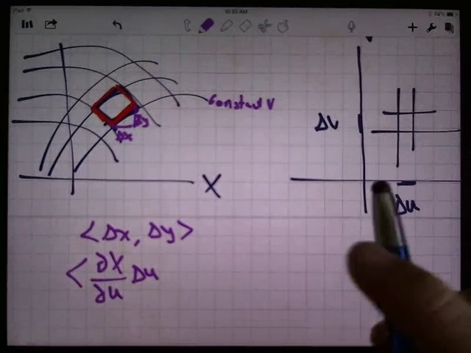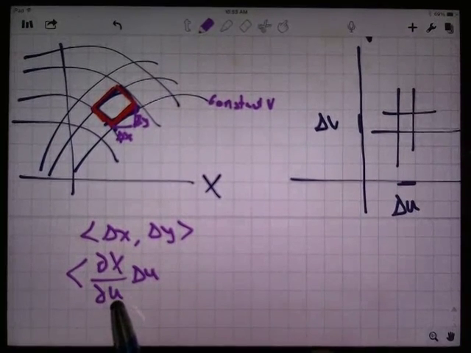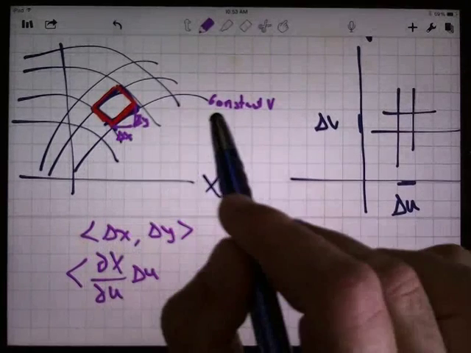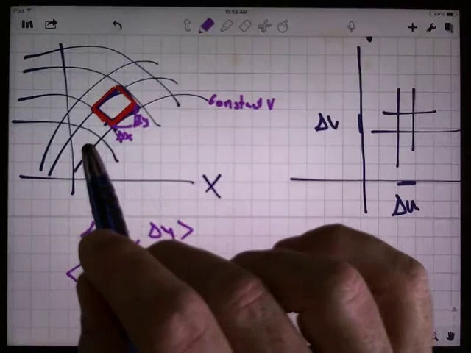The partial derivative of x with respect to u is the rate at which x is changing when u changes. And if you look at that curve, that's what you're doing. You've got a constant value of v, and u is changing.